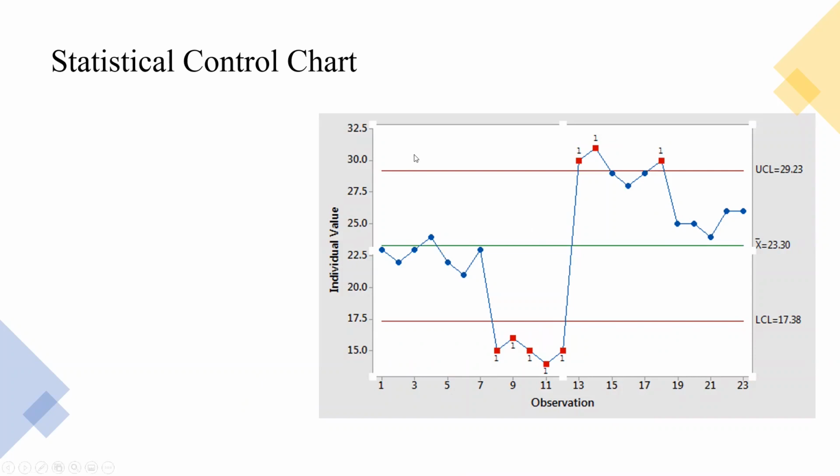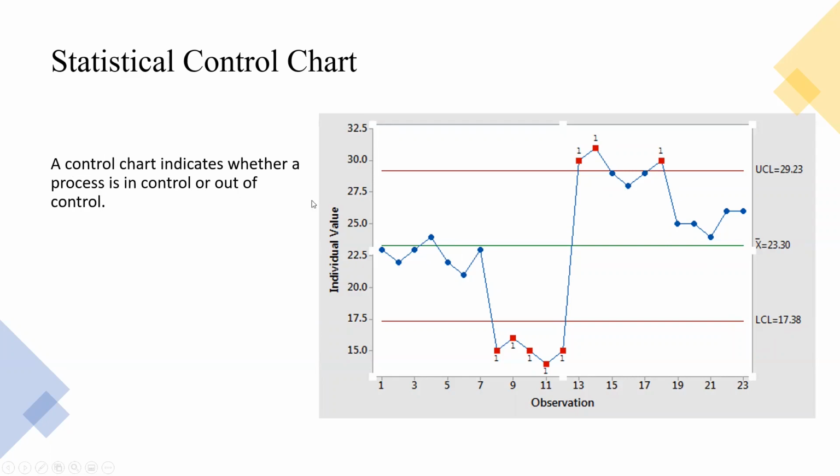The middle line that we see there is the mean, and you can consider the red lines above and below that green line as the upper limit and lower limit, and the dotted line relates to our example, such as how many defected pieces there are. Wherever it crosses the limits, either above or below, you can consider that something is going wrong, and you have to take action to bring it between the limits again.